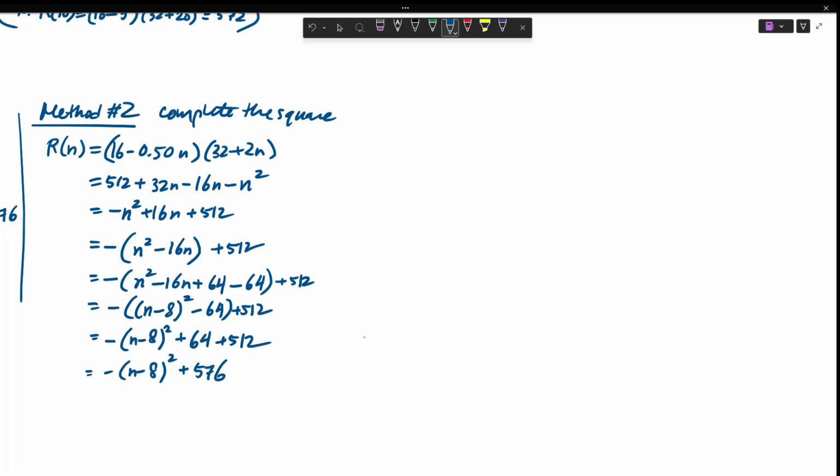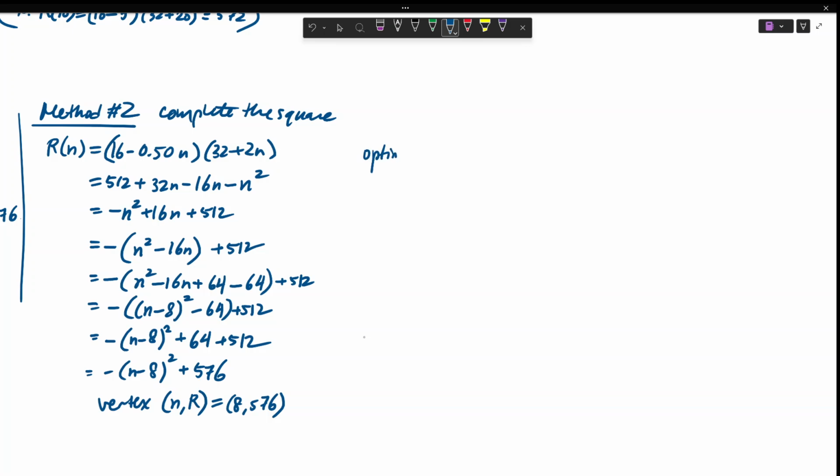So that tells us that our vertex, which is like n and r, is going to be 8 and 576. That tells us that our maximum revenue of $576 occurs when n, the number of price decreases, is 8.